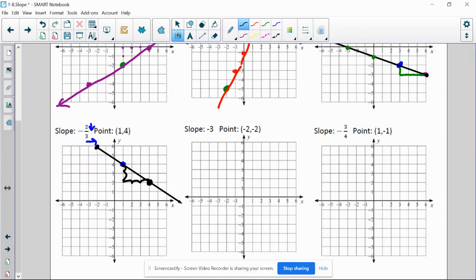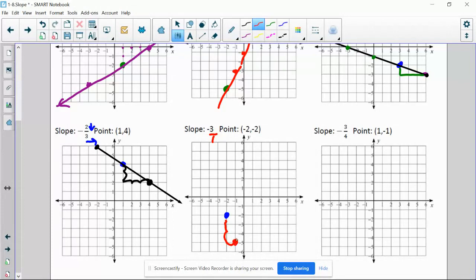Okay? All right, so we need to put -2, -2 as our ordered pair. So go to -2, -2. There's our ordered pair. Now we are moving. This is a whole number, so we need to make sure we go down 3 and right 1. So from where we started, we go down 3, 1, 2, 3, and over 1.